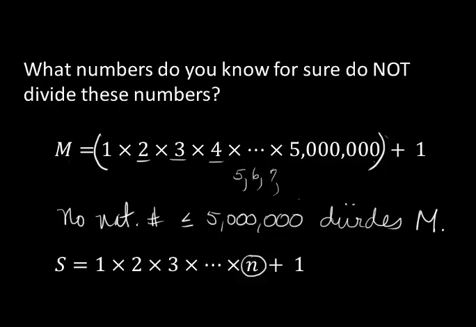If you have a number s written as the product of all of the natural numbers less than or equal to some number n, and then you add 1, you can say that s cannot be divided by any of the numbers up to and including n. So all numbers less than or equal to n are not factors.